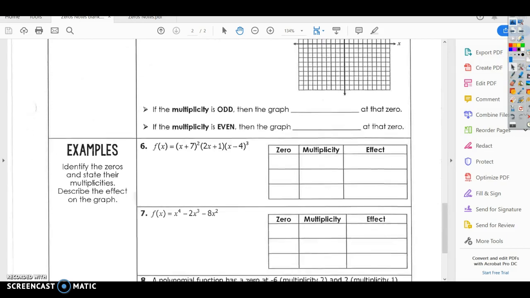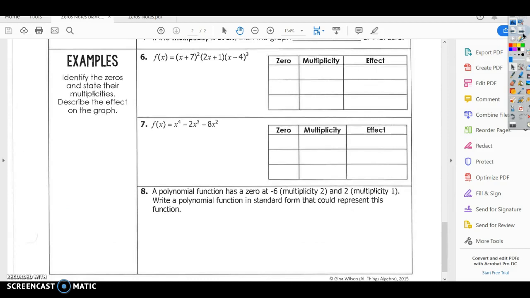All right, moving on. Example 6 is kind of like some of the homework problems. This will give you an idea of how to do some of those problems for homework. If we look at (x plus 7) squared, if we want to know what the 0 is, we set that equal to 0 and solve. So your 0 will be negative 7. Again, your multiplicity comes from how many times that occurs.